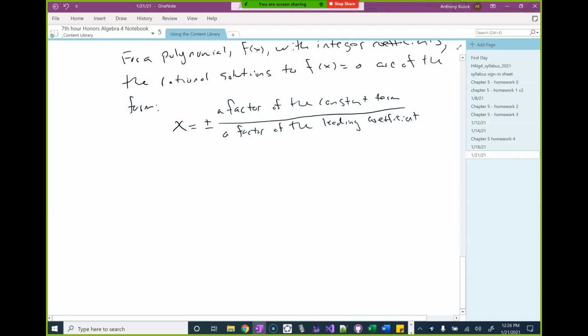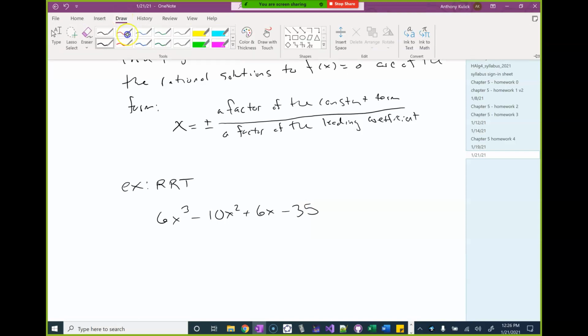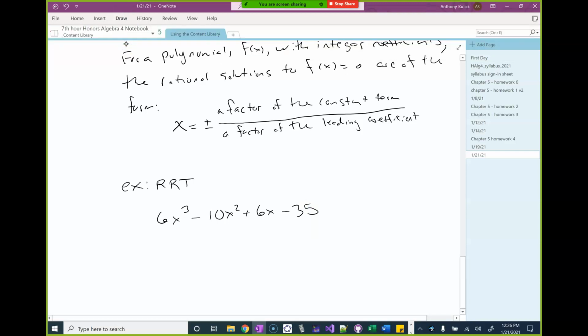So let's do just an example of how we apply this. Let's say we have this polynomial 6x to the third minus 10x squared plus 6x minus 35.